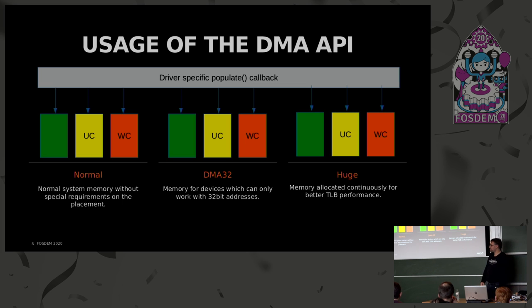And those page pools are actually quite important for quick application startup and good performance, because, as I said before, changing the cache attributes of memory takes a lot of time, especially if you don't use huge pages. For those who don't know, the Linux kernel distinguishes between normal pages, huge pages, and sometimes giant pages.